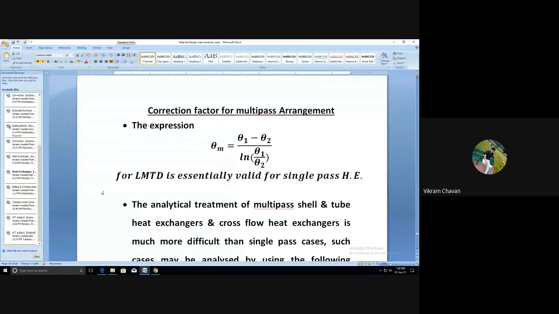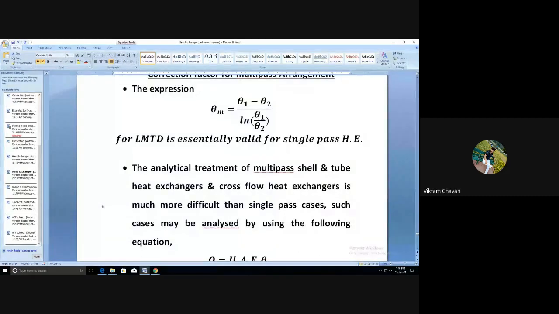In that, the expression theta m will be equal to theta 1 minus theta 2 divided by ln of theta 1 divided by theta 2 for LMTD, is essentially valid for single pass heat exchanger.